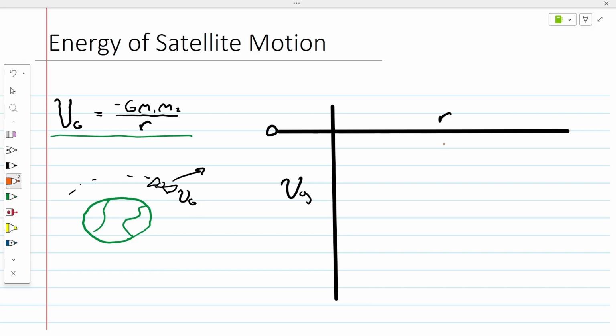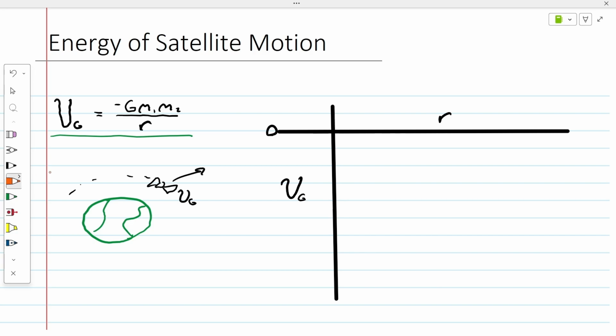And so when we look at this equation, we see that it's always going to be negative, given by this negative sign, because the masses are positive, the radius is positive, and this G is just a positive constant. So the gravitational big G potential energy is always going to be negative. The reason for that is something we can explain using the graph of what this might look like.